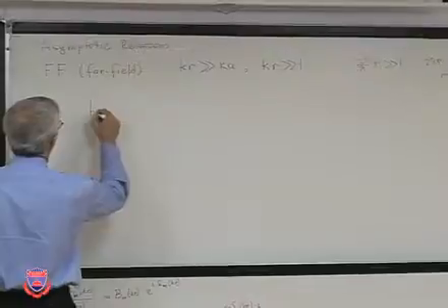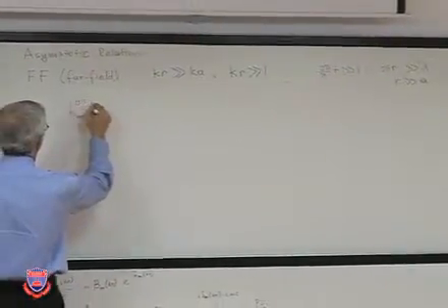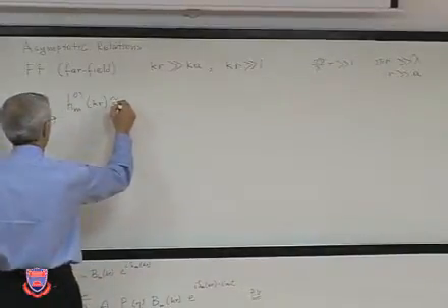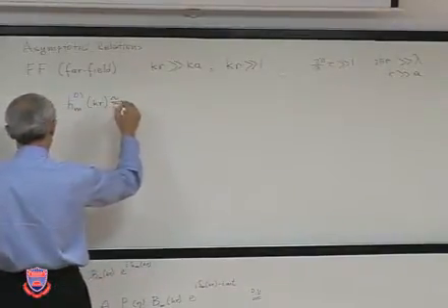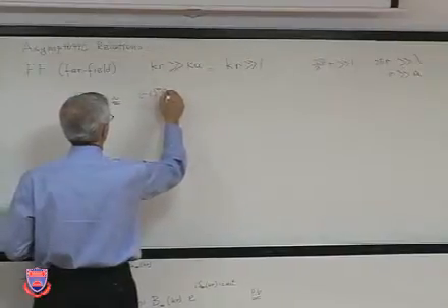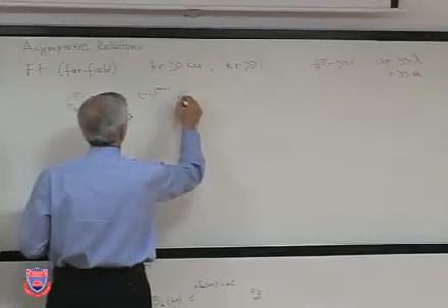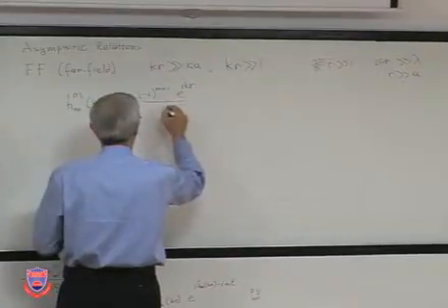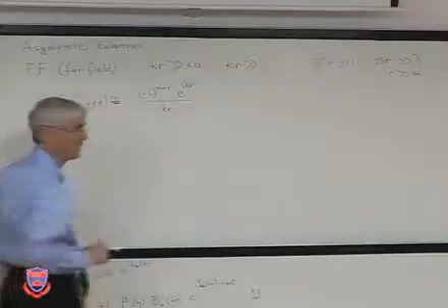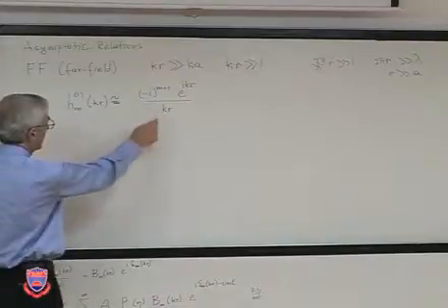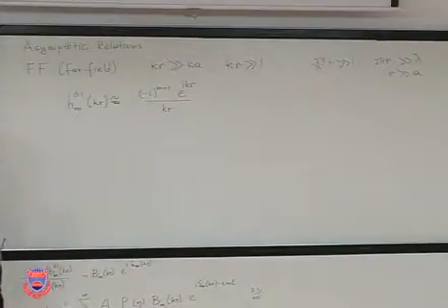The expansion, the approximate value is okay. You can see it varies. It can be approximated by 1 over kr and an exponential.